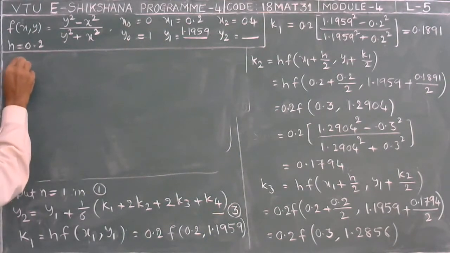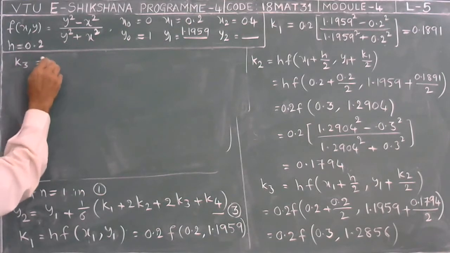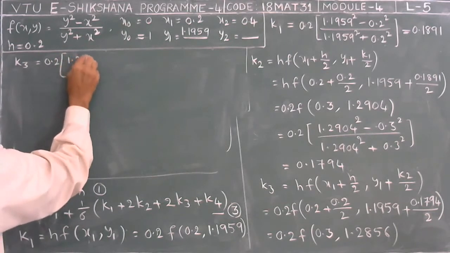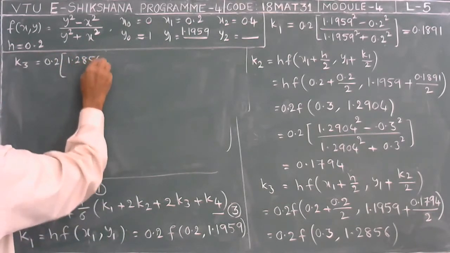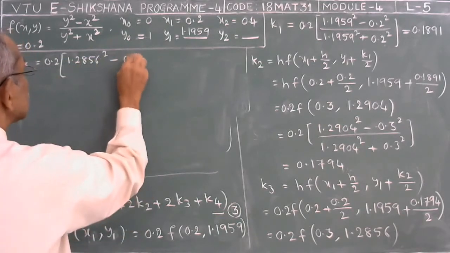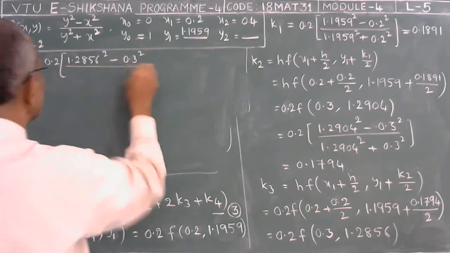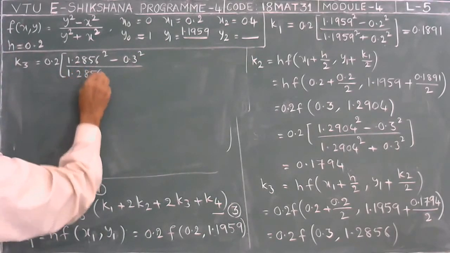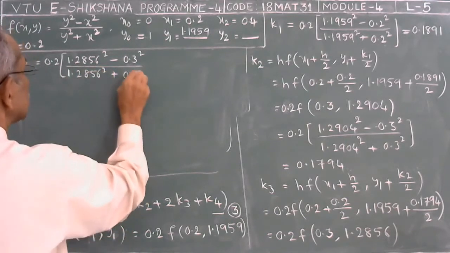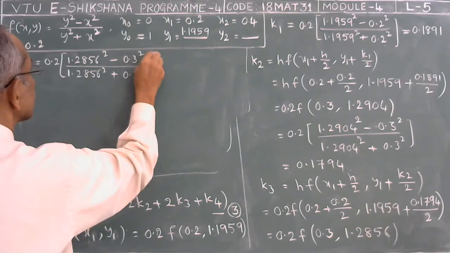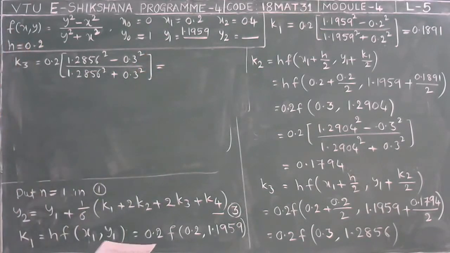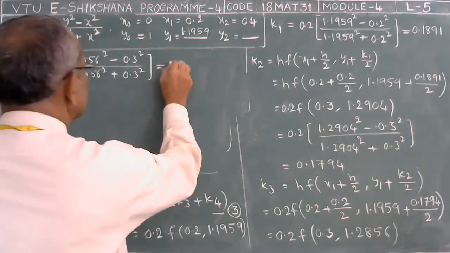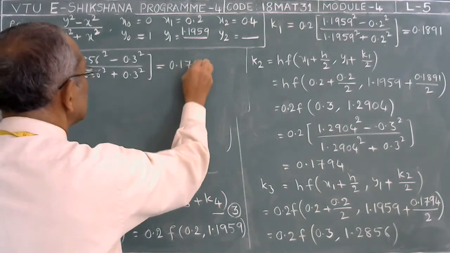So K3 is equal to 0.2 into 1.2856 whole square minus 0.3 whole square divided by 1.2856 whole square plus 0.3 whole square. If you carefully simplify, you get K3 is equal to 0.1793.